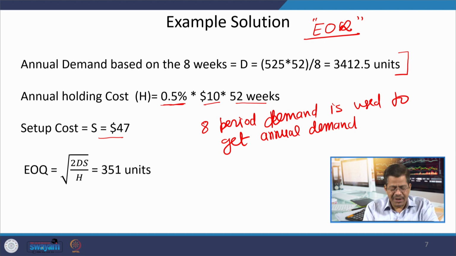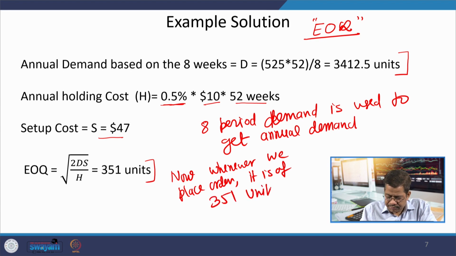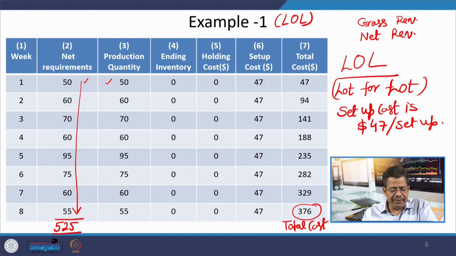So, the meaning of this EOQ is, whenever we place an order, it is of 351 units. In the earlier case, you were placing small orders of 50, 60, 70, 60, 95, and so on.